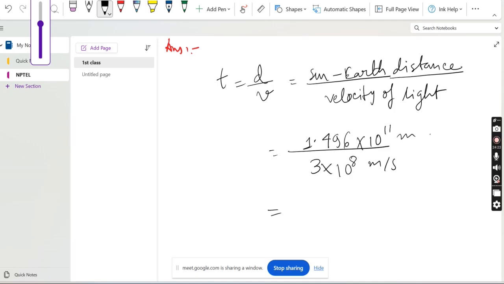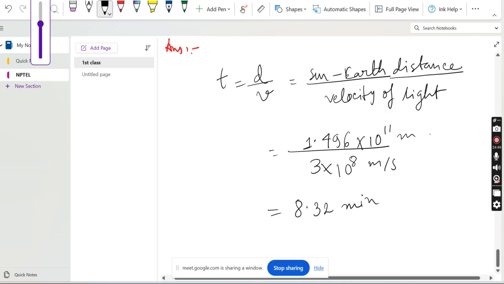This will give us 8.32 minutes. Actually, we know that the light from the sun takes about 8 minutes to reach Earth. So this is the reason why it takes 8 minutes.